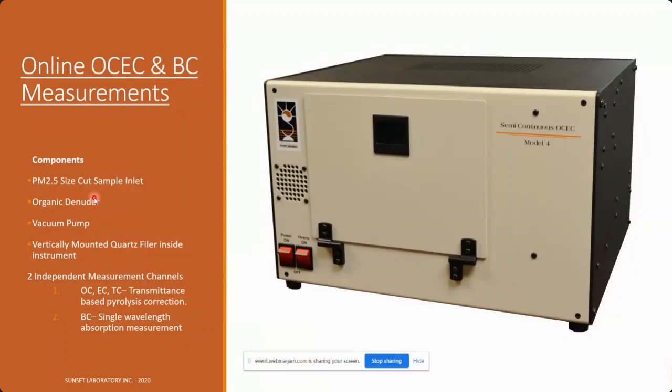As I was saying earlier, you can not only do OCEC, but you can also do BC, which is black carbon. So this instrument will independently measure organic carbon, elemental carbon, and total carbon through a transmittance-based pyrolysis correction, but then simultaneously give the user black carbon single wavelength absorption results.